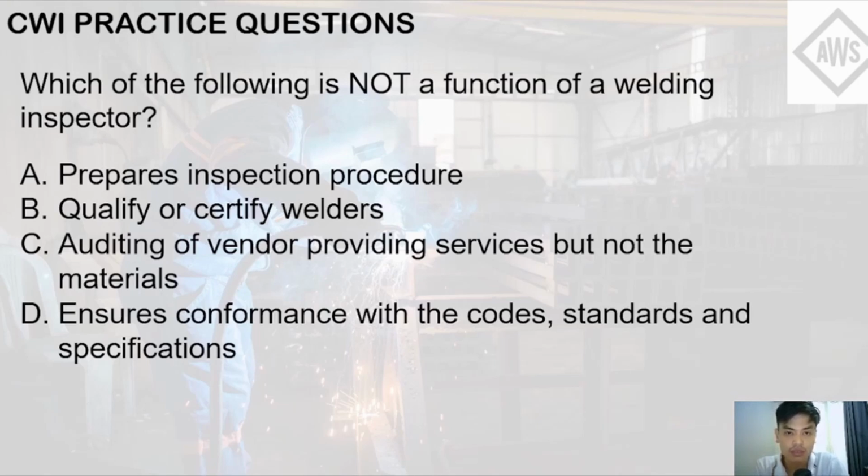During the welding activity, he can impose inspection points where he can witness the welding activity and provide what tests will be done for the welds, to ensure quality and to make a decision whether to pass or fail the welds.